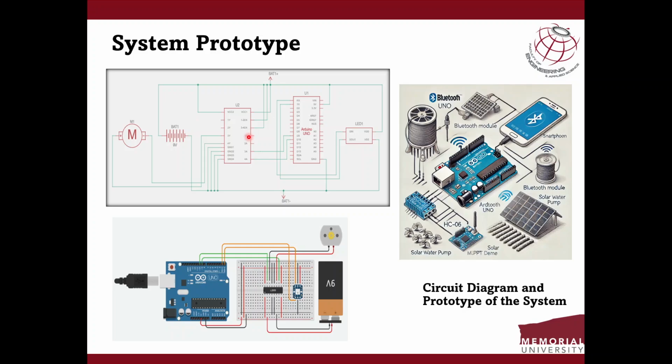And here is an IC, mainly called the motor driver IC, and there is an Arduino Uno, and then there is a battery. And there is a complete prototype system showing how this will work and how we can manage the work.